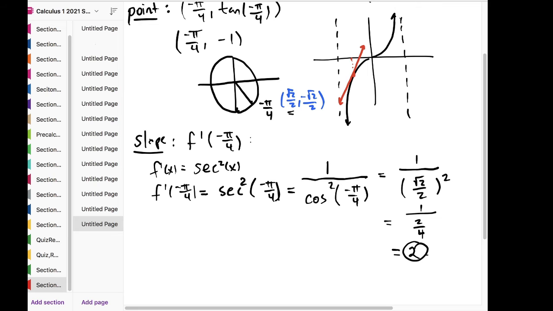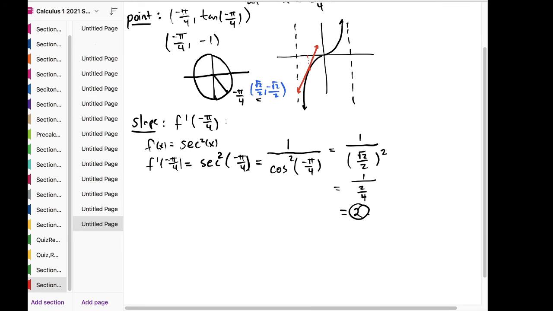Okay. So what is the equation? It's y minus negative 1 equals 2 times x minus negative pi over 4.